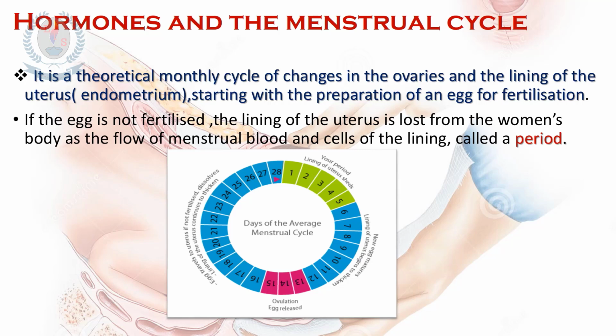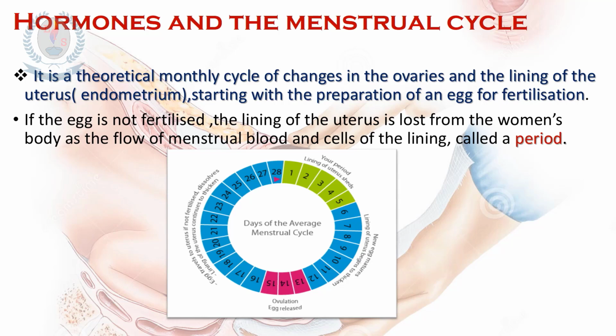But if no fertilization takes place, the uterus has nothing to do. Then what happens? The lining of the uterus breaks down and is lost from the woman's body as the flow of menstrual blood and the cells of the lining. This total process is called the period. Is it clear? In this cycle, the first day of menstruation is usually called day 1.